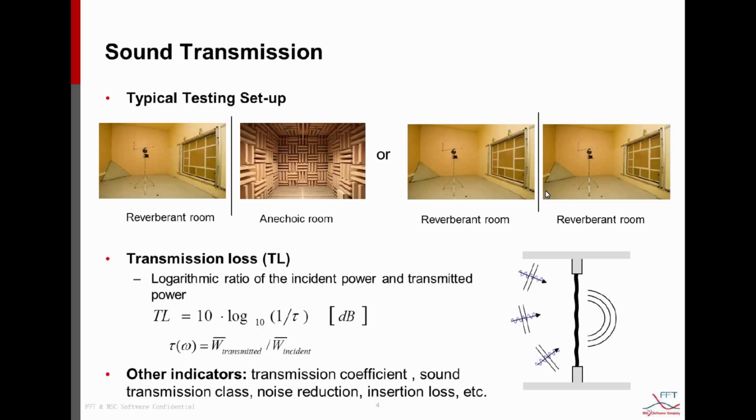The logarithmic scale of that ratio gives the transmission loss, or TL in short. Of course, there are other indicators like the transmission coefficient, in construction the sound transmission class, noise reduction, or insertion loss, etc.